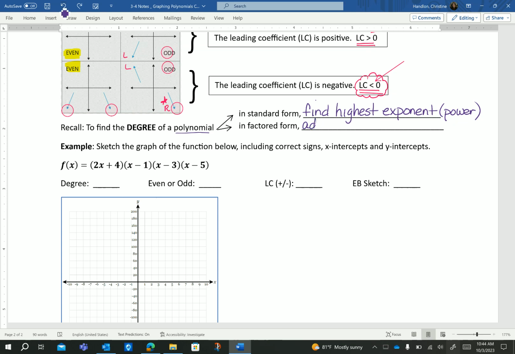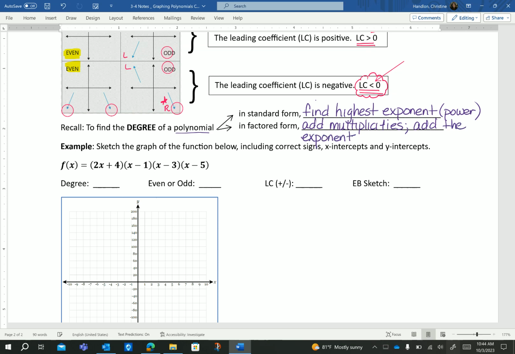Okay, add your multiplicities, which in essence means what you're doing is you're adding the exponents of your factors, right?